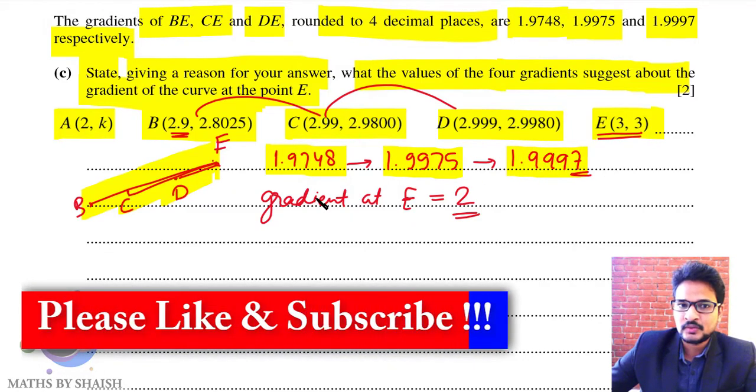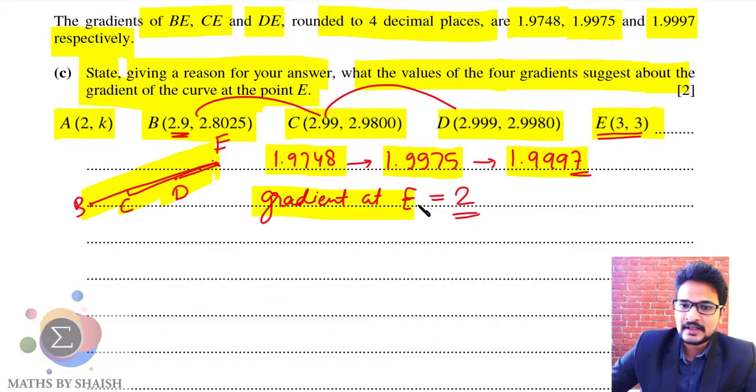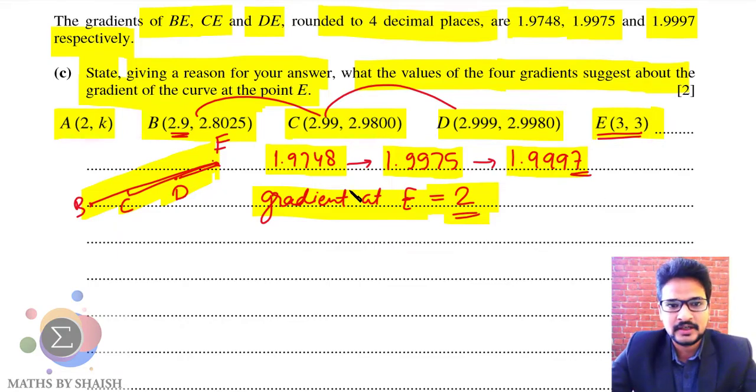So from here we can see the gradient at E would be exactly 2, because it is tending towards 2. So the reason is as x gets closer to 3, the gradient of the line joining those 2 points gets closer to 2. That's why the gradient of the curve at E is going to be 2.